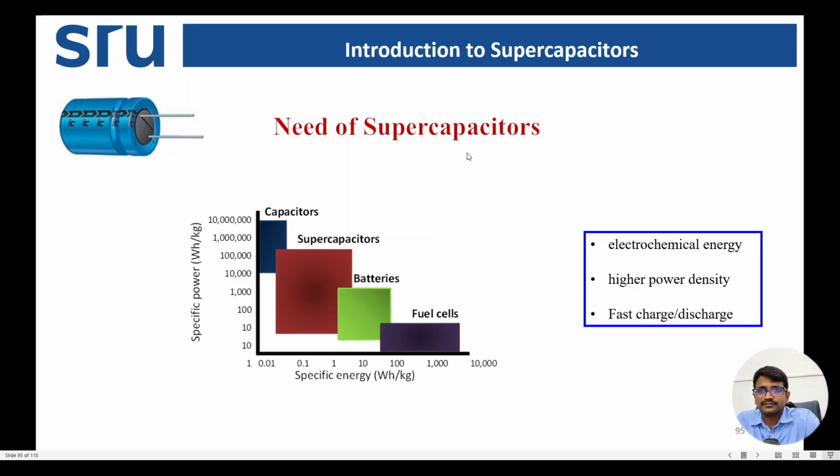The energy is stored in supercapacitors as electrochemical energy, and it also provides higher power density, and it can provide fast charge and discharge. If you see the images, you can see the capacitors, supercapacitors, and battery. So supercapacitors are in between capacitors and batteries.